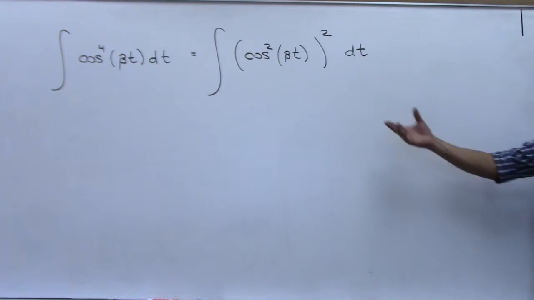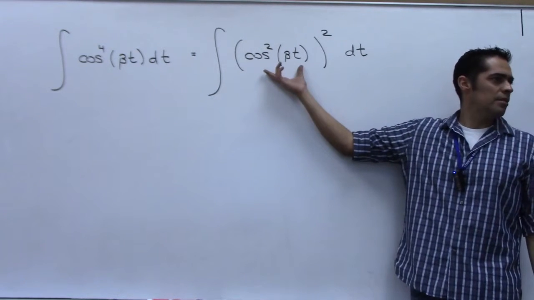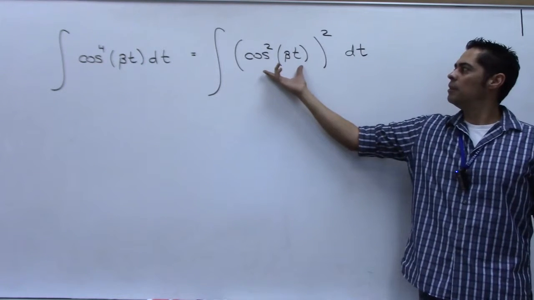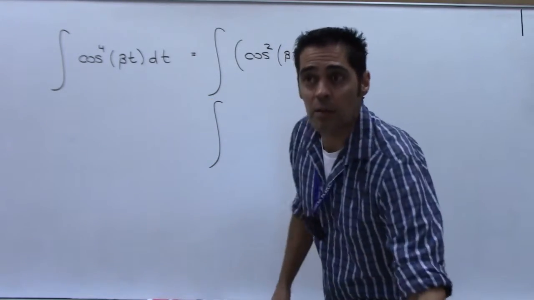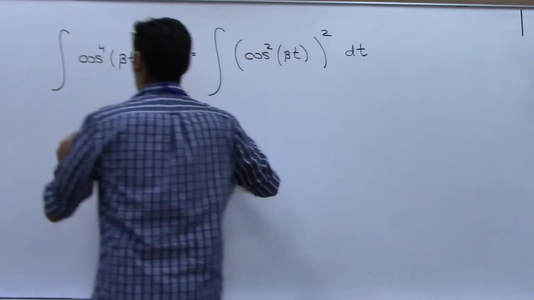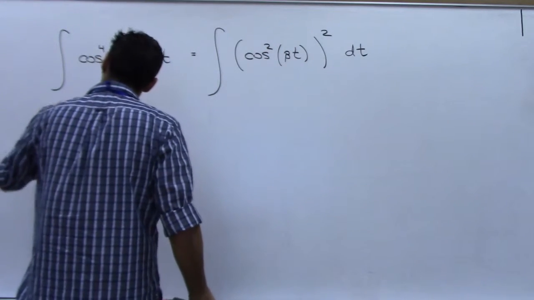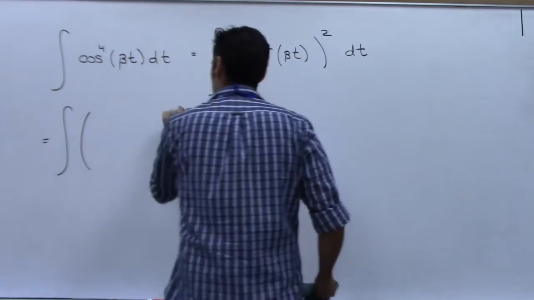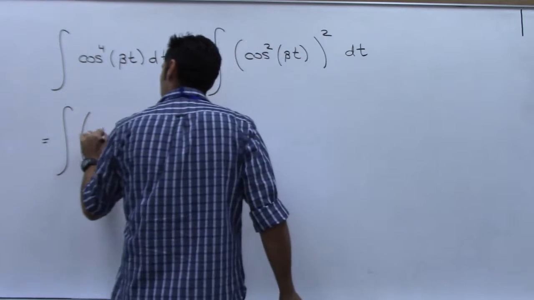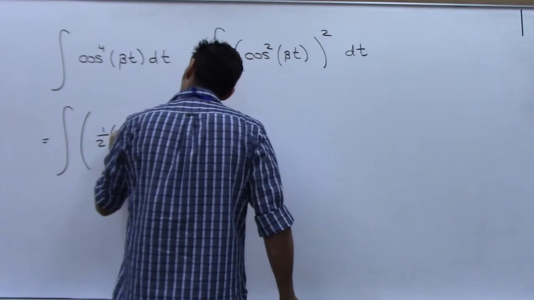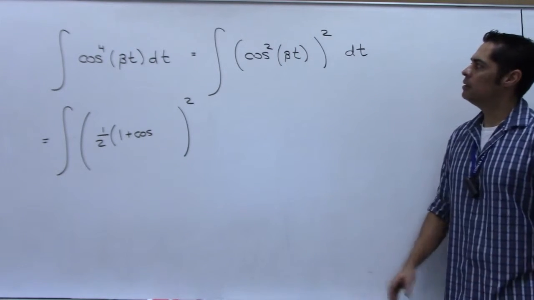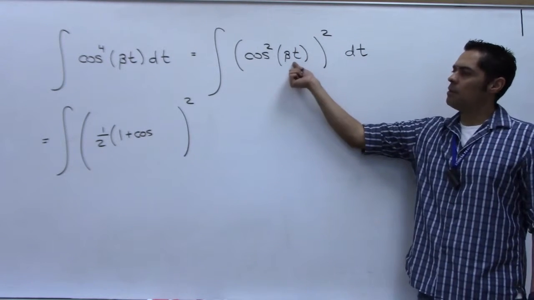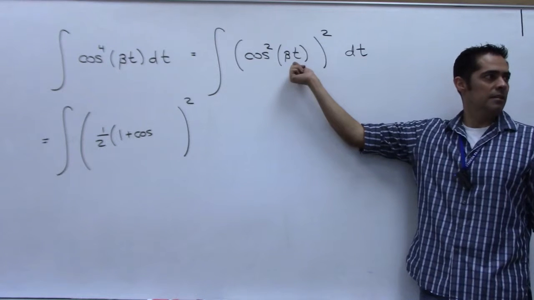What does this inside piece right here turn into, though? I'm using the formula, and remember, it's all of that squared. It's going to be 1/2 times 1 plus cosine of what? 2 beta t.